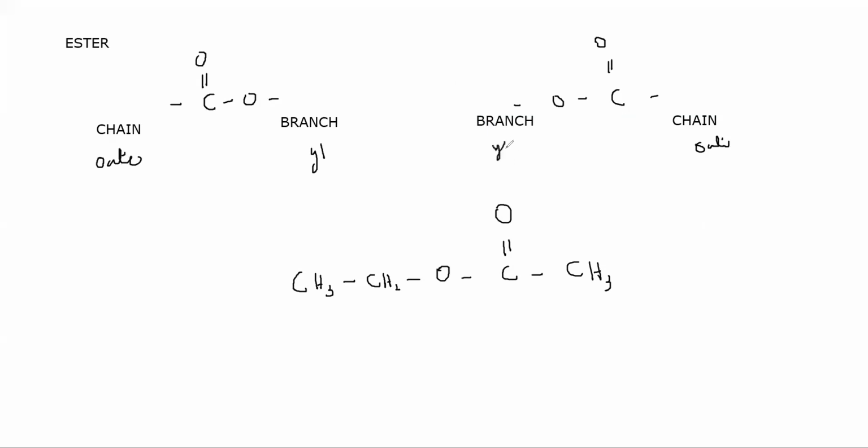So the branch is attached with the oxygen. In this case, when you check the branch, this is C double bonded with O. So the branch is on the left hand side.